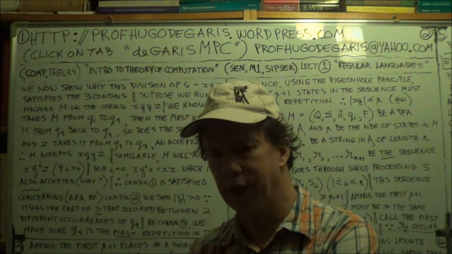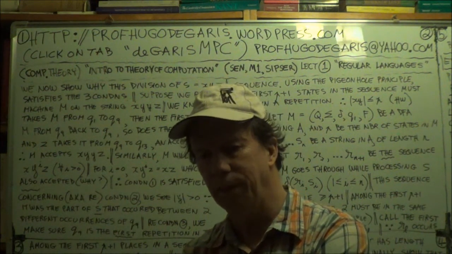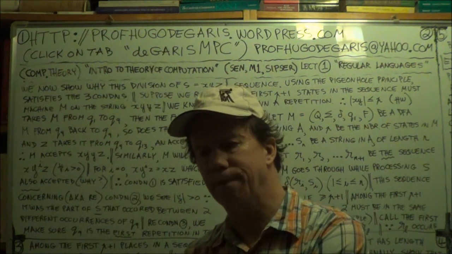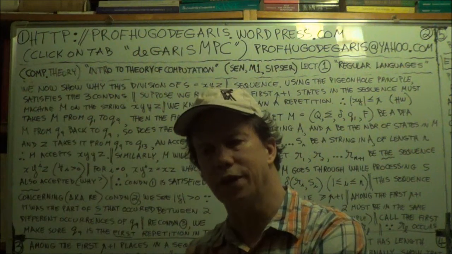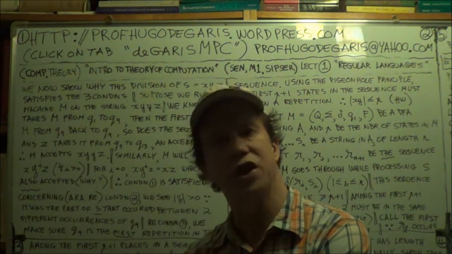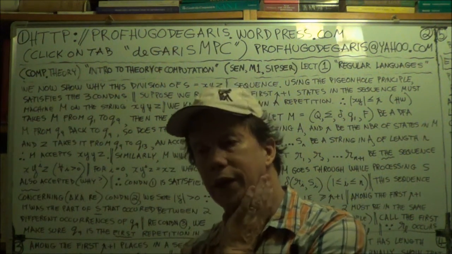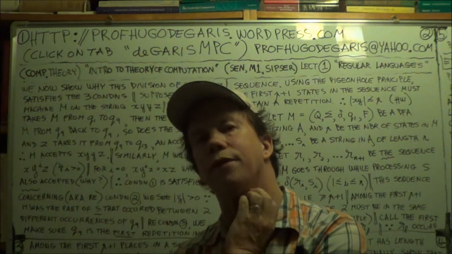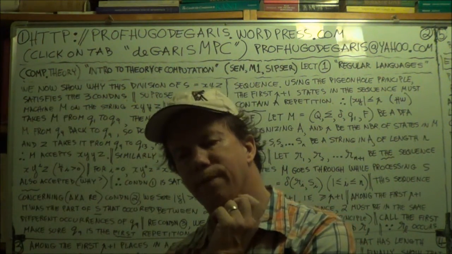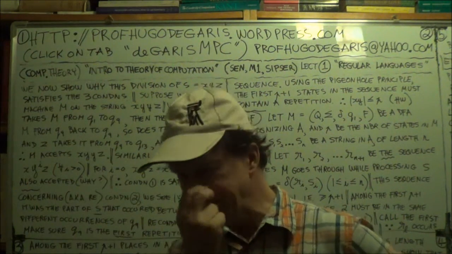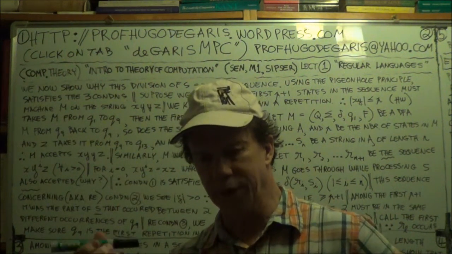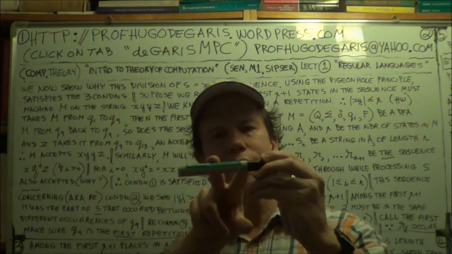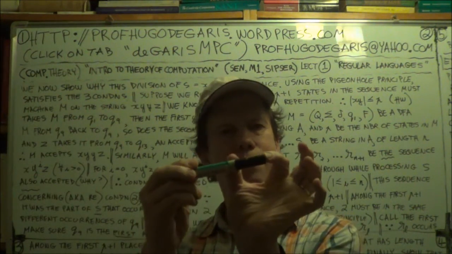Now, pumping, what is that? To pump a string, what are you doing? You take this split string S, split into 3 contiguous parts, x, y, z, and you make multiple copies of the y and insert them in the middle. So the string you start with is the x part, the y part, and the z part.